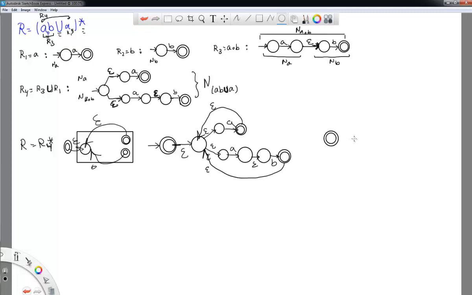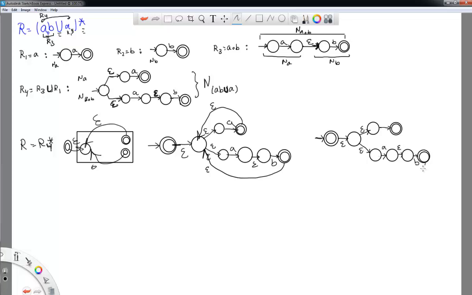So then finally, just to draw it a little bit more clearly, the final NFA that would recognize the strings of the language that is described by R is going to look like this, and it will have a start state which is an accept state, and it will transition into the start state of NABUA, and from there it's going to transition to NA and N of AB, which would look something like that.